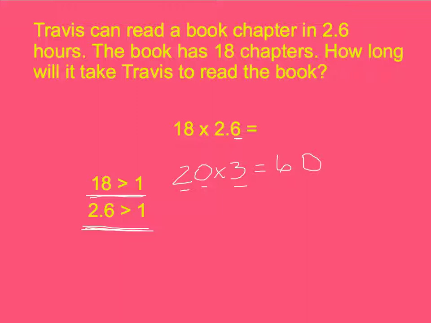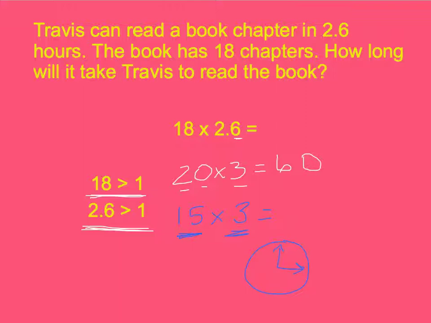Next I'm going to look at using compatible numbers. I'm going to take 18 and round it down to 15, and multiply it by 3 again. This way I'm moving the 18 down and the 2.6 up, so it might help balance out how much I'm changing those numbers. 15 is one of those numbers that I think of when I think of the clock.